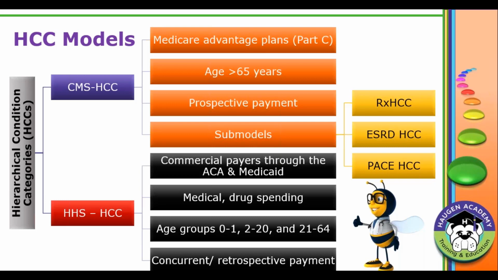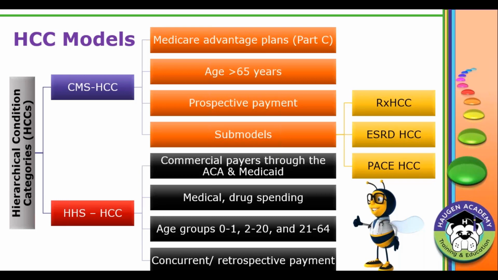This includes coverage for medical care as well as drug spending, and there are 3 different age groups within that. So you've got the 0 to 1, 2 to 20, and 21 to 64, and of course at age 65 then the patient becomes Medicare eligible and could switch to a Medicare Advantage plan or traditional Medicare Part A or Part B.